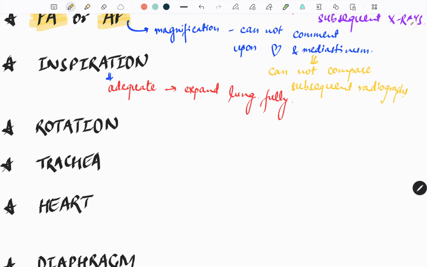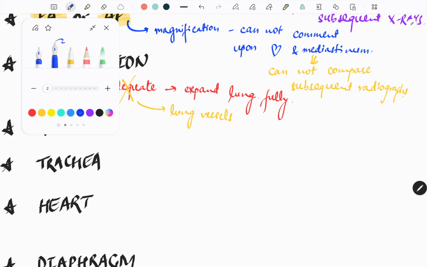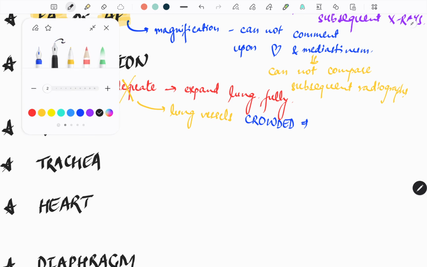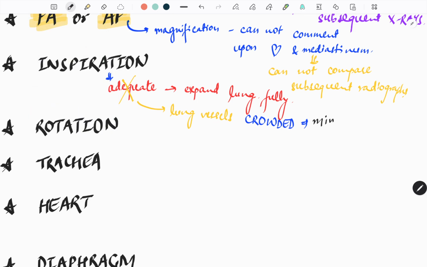But if not adequate, then lung vessels will appear crowded and hence will mimic basal infection.